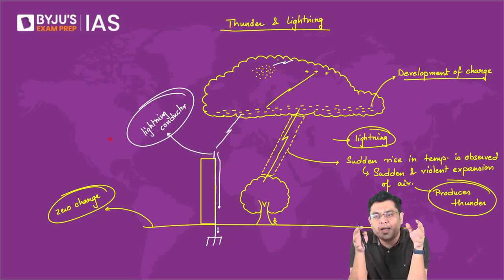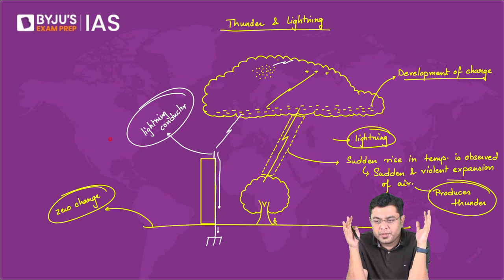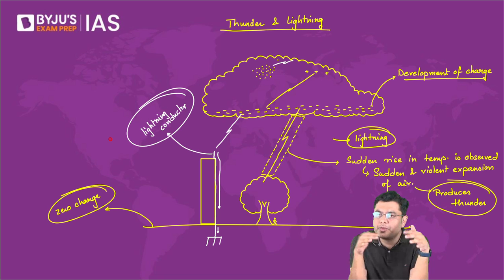If they collide, can they ever end up producing that much sound? Absolutely not. So there are all these myths which prevail, for example, that you need not wear dark colored clothes or lightning will strike. All these are different types of myths.